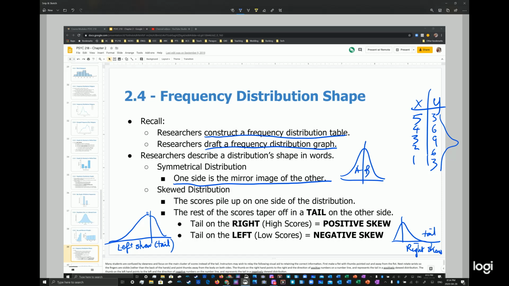Again, I've mentioned before in the previous chapter that these shapes can also have plain English or practical interpretations. Like if you see a symmetrical distribution, you say, yeah, it's expected, or it looks normally distributed, especially if there's a peak in the middle. If it's left skew or negative skew, that means the peak is in the positive end, and you can say, oh, it's too easy.